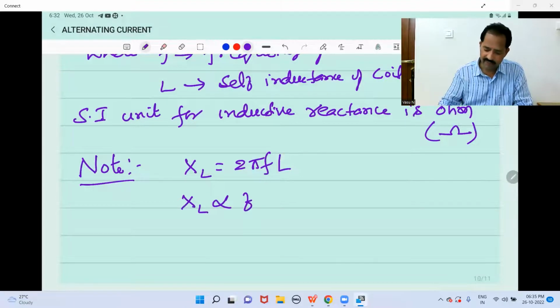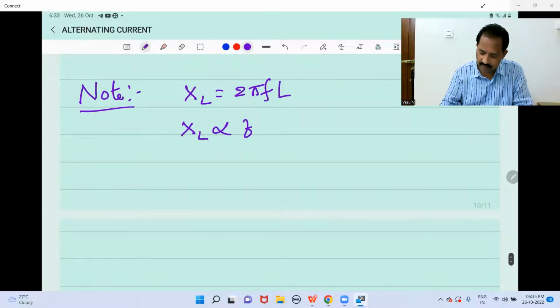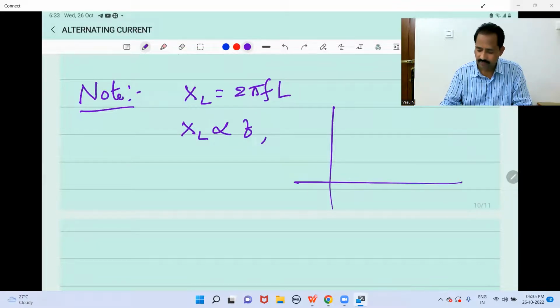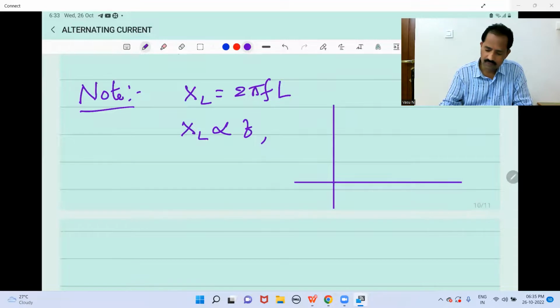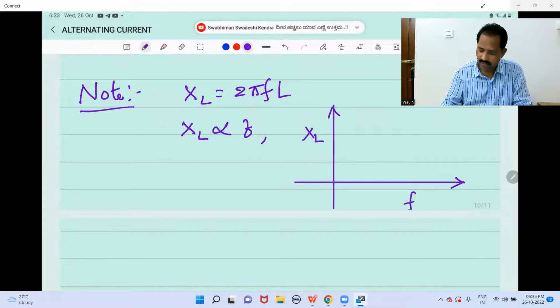Now, if you plot a graph of XL versus frequency, you can plot a graph. This axis is XL, this axis is frequency.